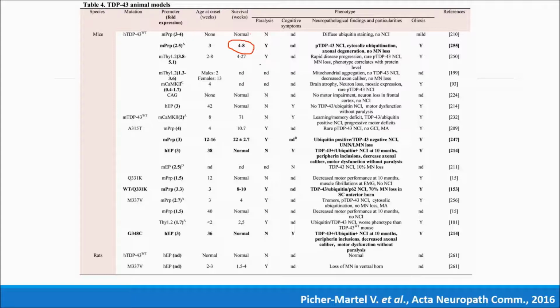So it's not what we find in humans. Most of them do not have, in fact, motor neuron loss. They do not have big TDP pathology, or they do not really die of paralysis. In fact, a posteriori, we are able to see that the mice are dying of gastrointestinal disorders. So it's not exactly because of the disease.